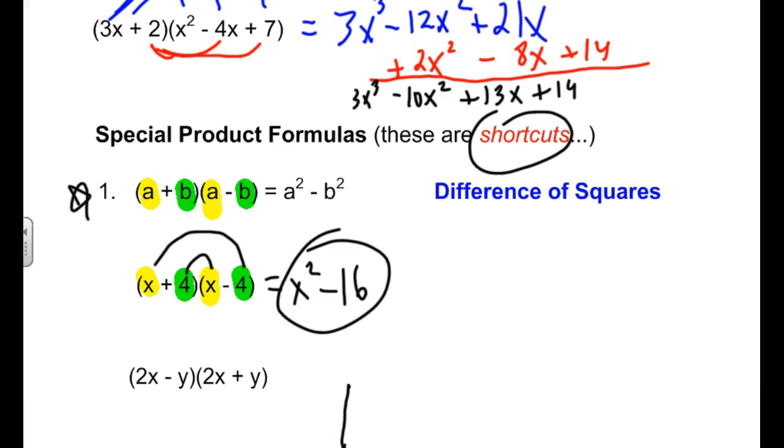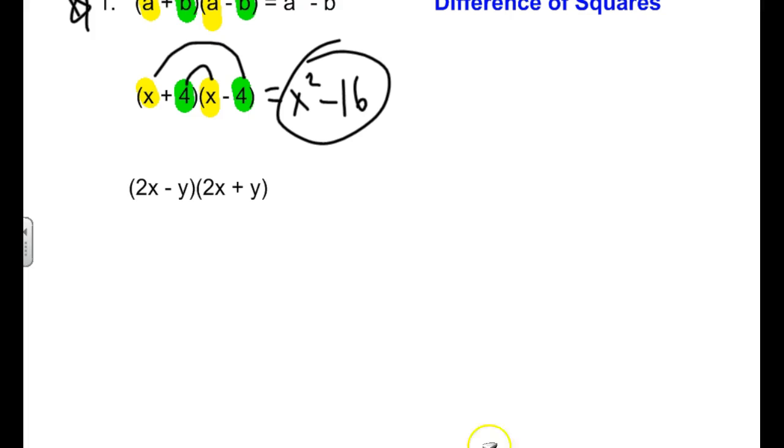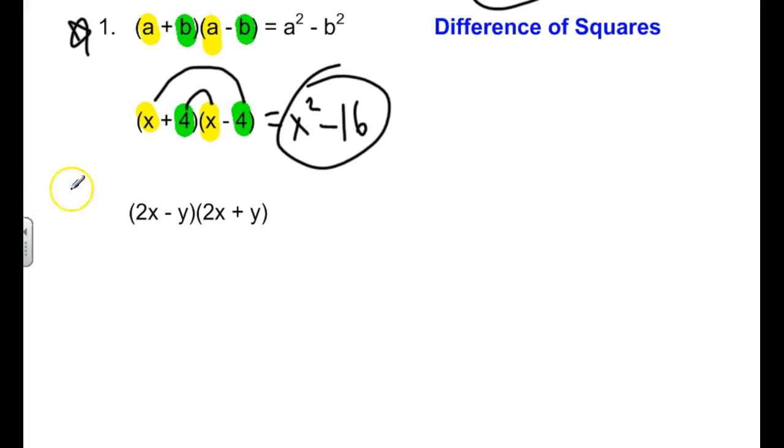This is just a little bit more difficult problem here. I just want you to see the pattern here of the difference of squares. So with this one, you can see that the A is 2x and the B is y.